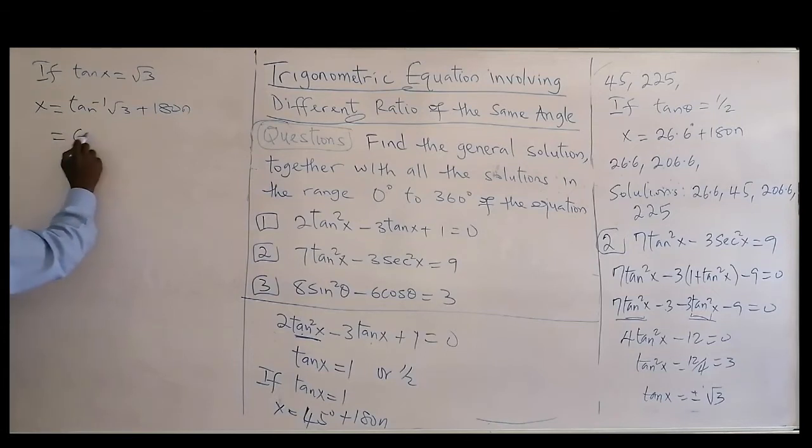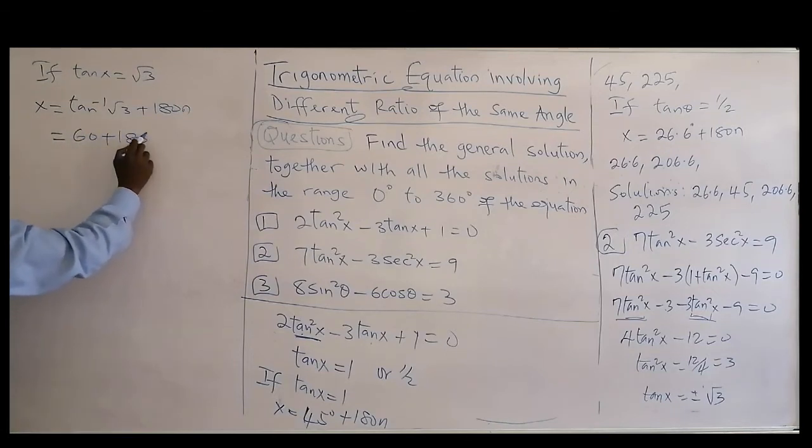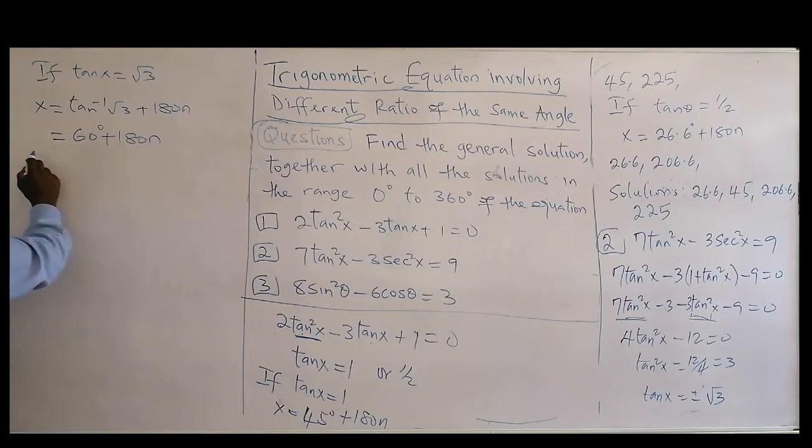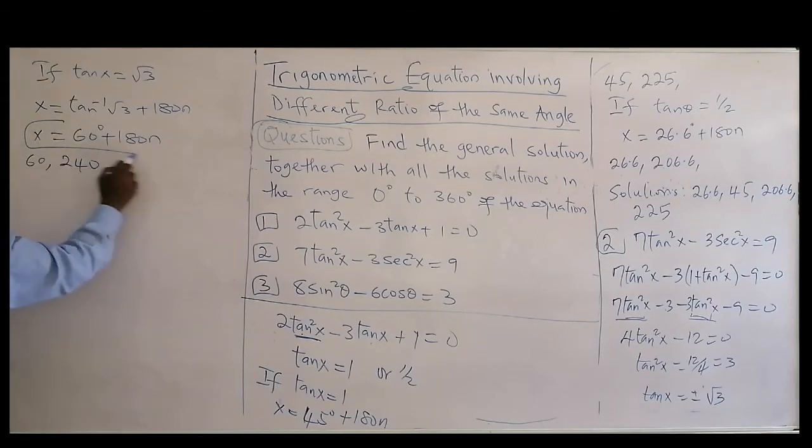So we have 60 plus 180 n. So when n is 0, we have 60. When n is 1, we have 240. Okay. I think that's all we can get for this equation.